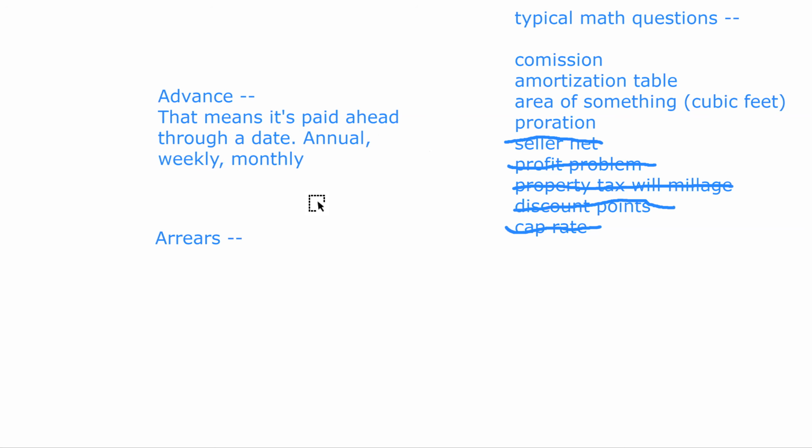So if they say, hey, they paid for the month in advance, whoever paid for that month, and typically when we're talking about real estate and closings, the person who would have paid in advance would be the seller. Okay. So the seller typically pays for something in advance, whether that be taxes, whether that be a water bill, whether that be a sewage bill, whatever the case may be, something is paid in advance.